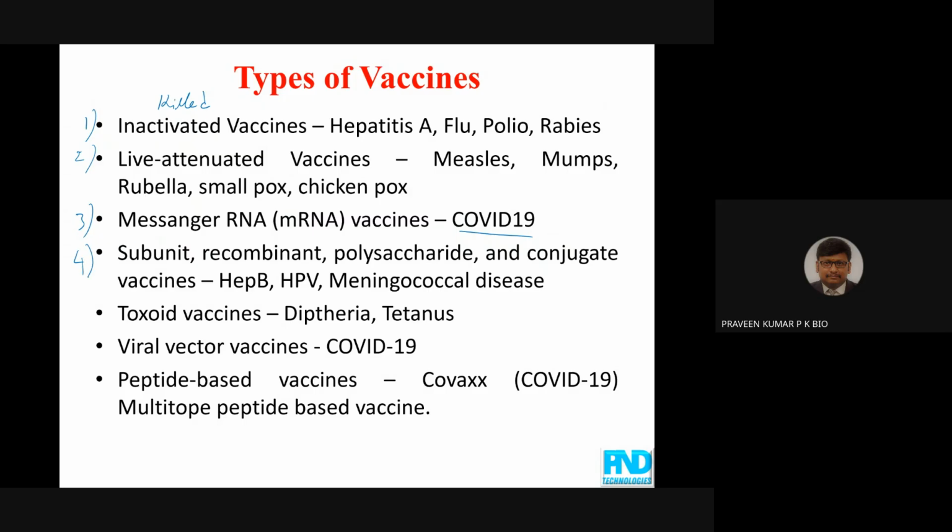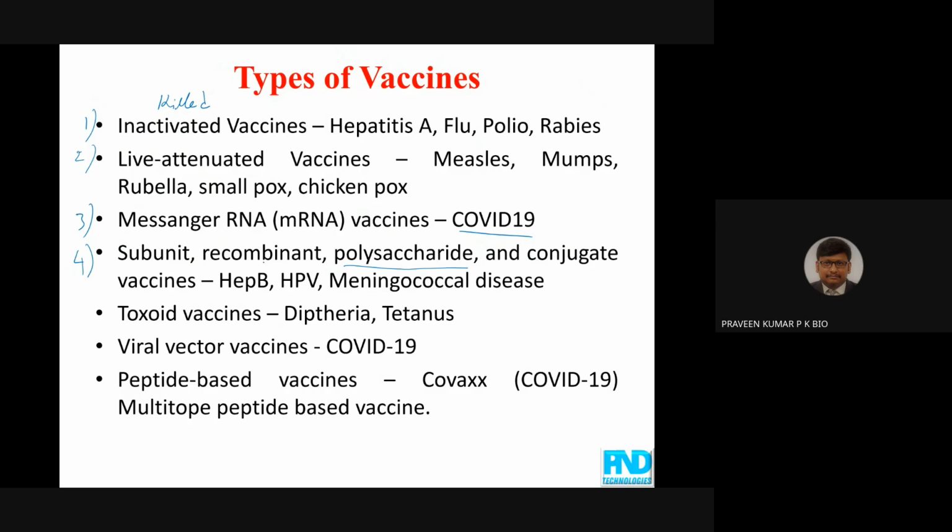The fourth is the subunit. The subunit is nothing but a part of a virus. It can be a membrane, or it can even be a protein present inside the virus. Not only the protein; here they have given another example, like polysaccharide.